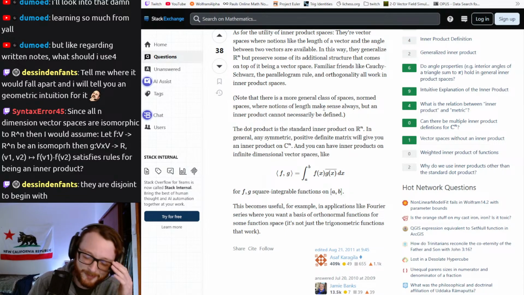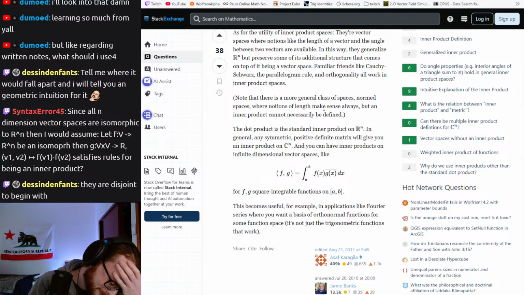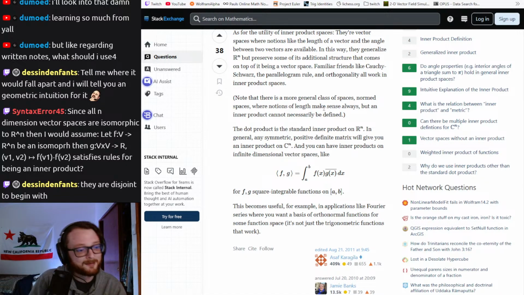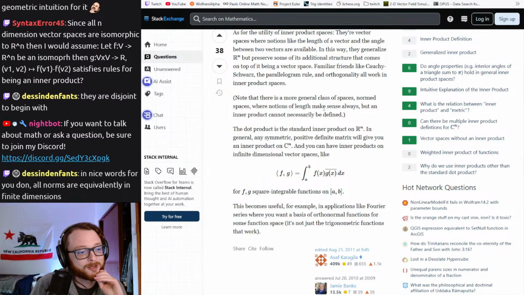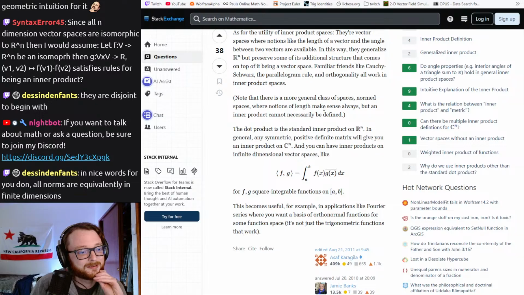If it's finite dimensional, I think that makes sense because you can always define your inner product as element-wise multiplication like that. I think that's saying syntax error. And that would make sense to me if any finite dimensional vector space can have an inner product because of that.